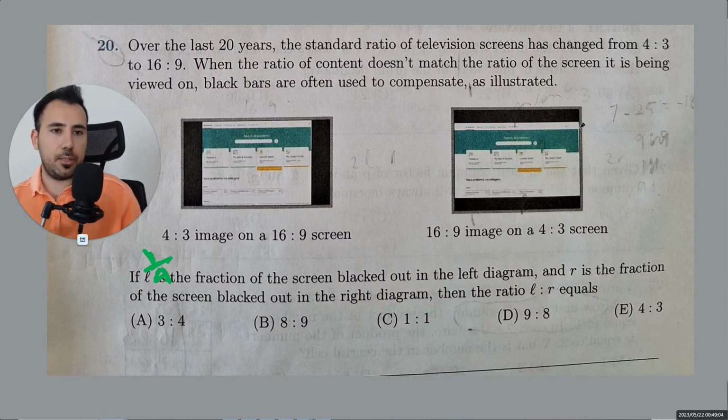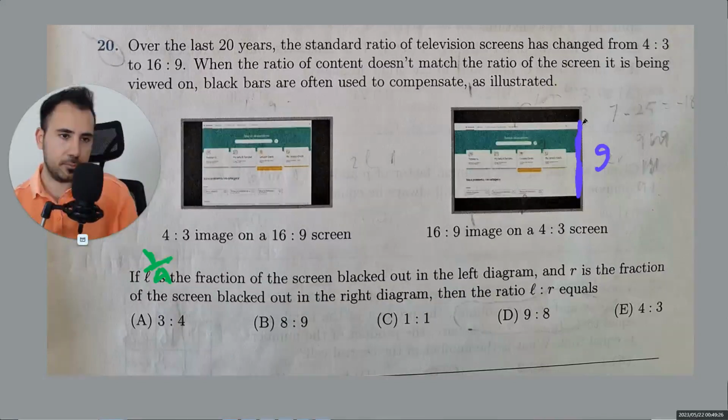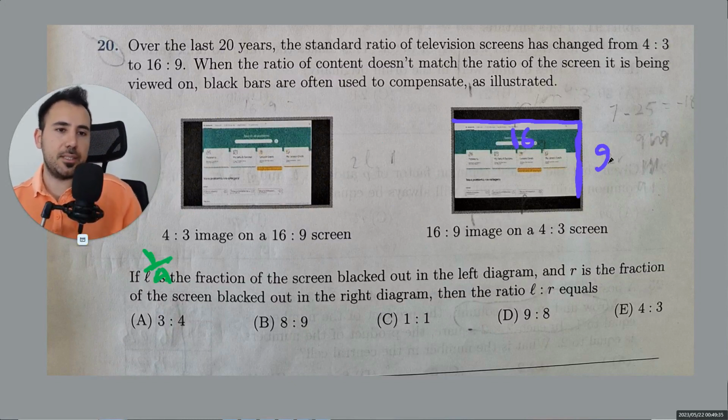Now, which one is easier to start? You see, if I call this 3 and this 4, my job will be harder. So let's just call this one 9 and this one 16. Again, it's a ratio question. Don't worry about anything. If this is 9, this is 16. So the big rectangle, this one is 3/4, right?